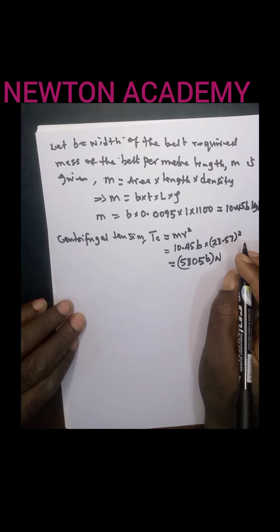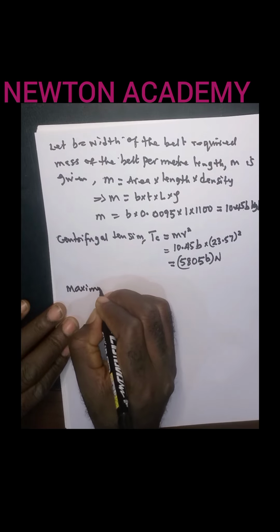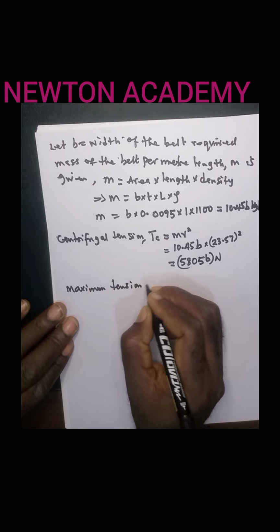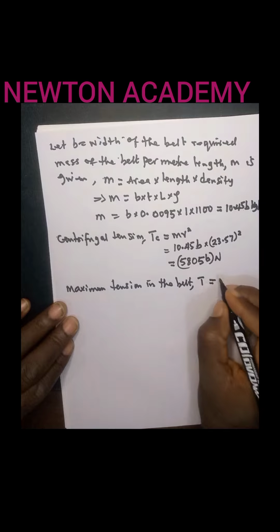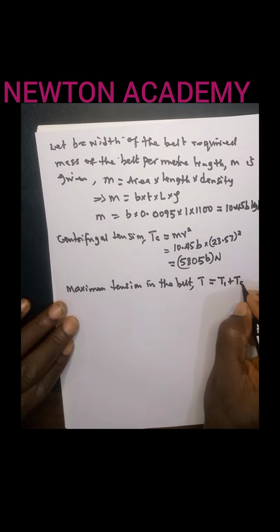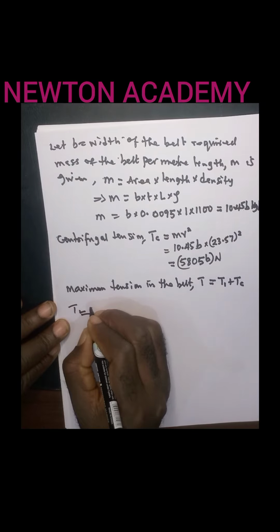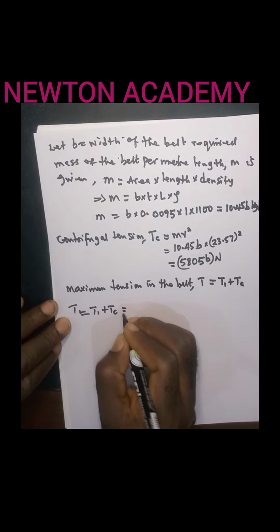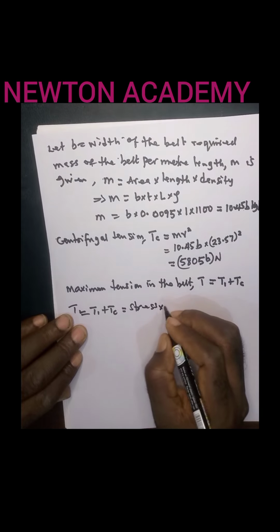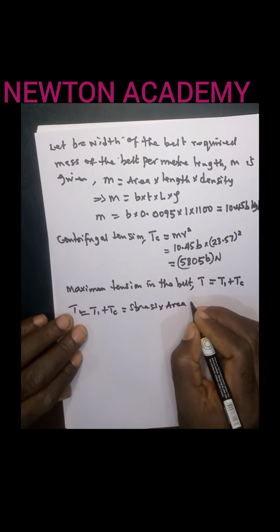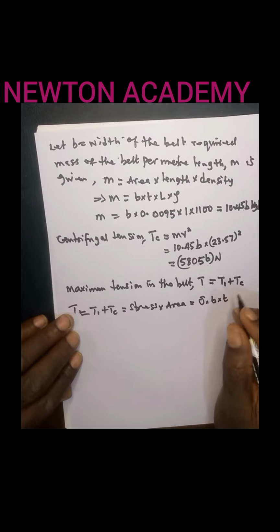Then also, we know that the maximum tension in the belt, T, is given by T1 plus the centrifugal tension, and that maximum tension is given by the stress multiplied by the area of the belt, which is the belt width times its thickness.